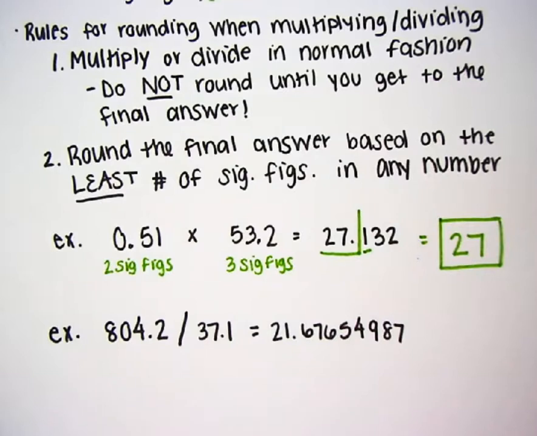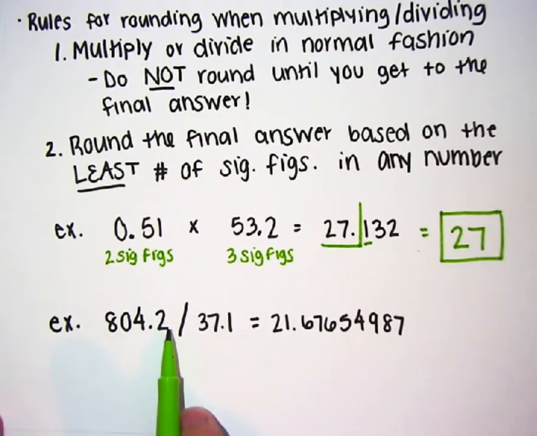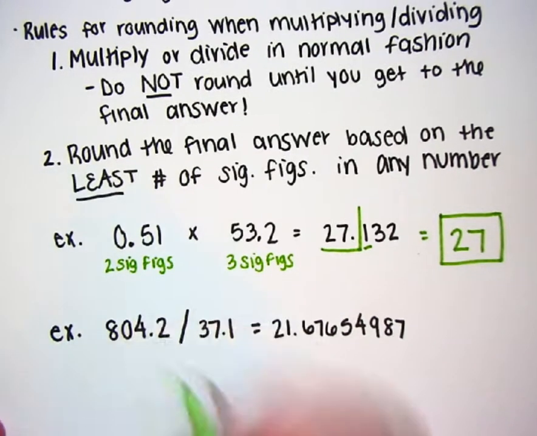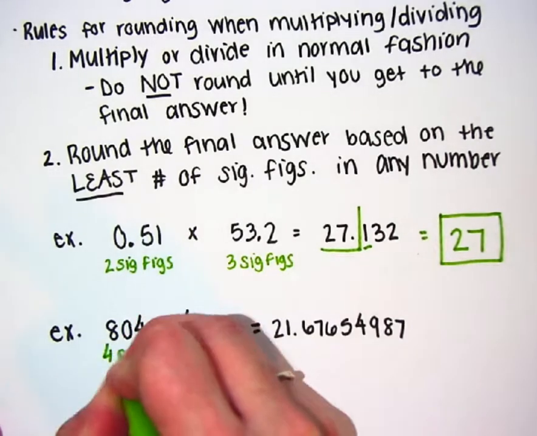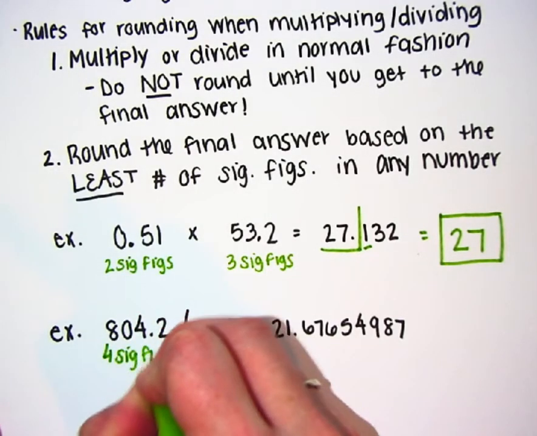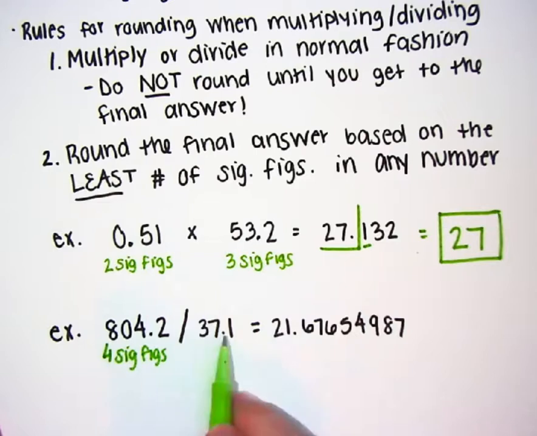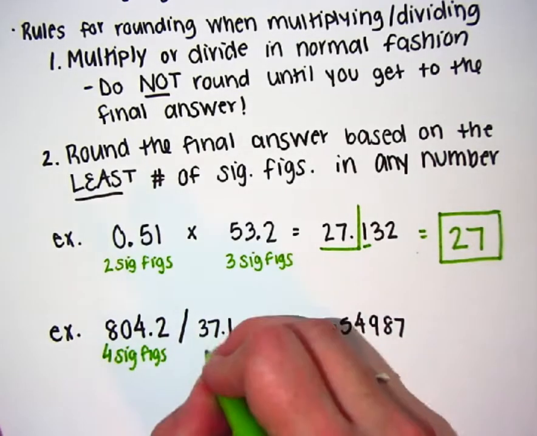So again, we want to round it to the appropriate number of significant figures. 804.2 has 1, 2, 3, 4 significant figures. 37.1 has 1, 2, 3 significant figures.